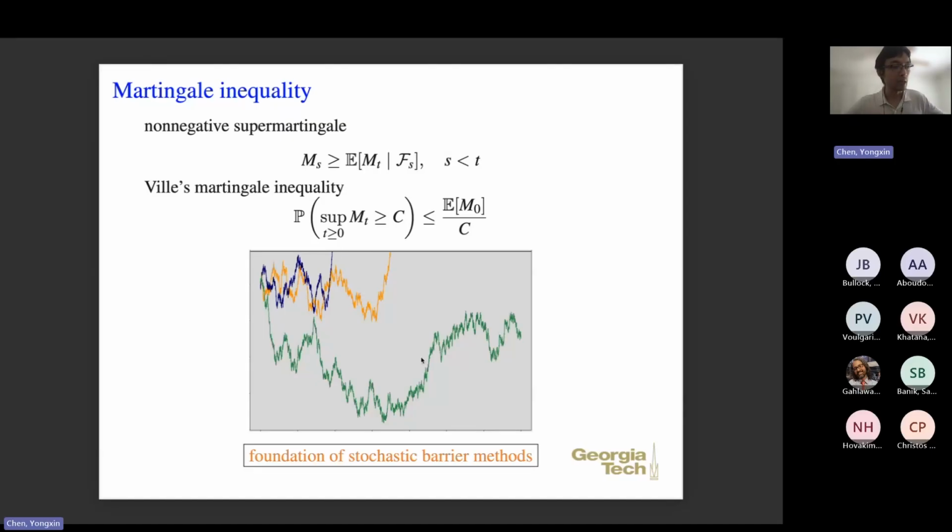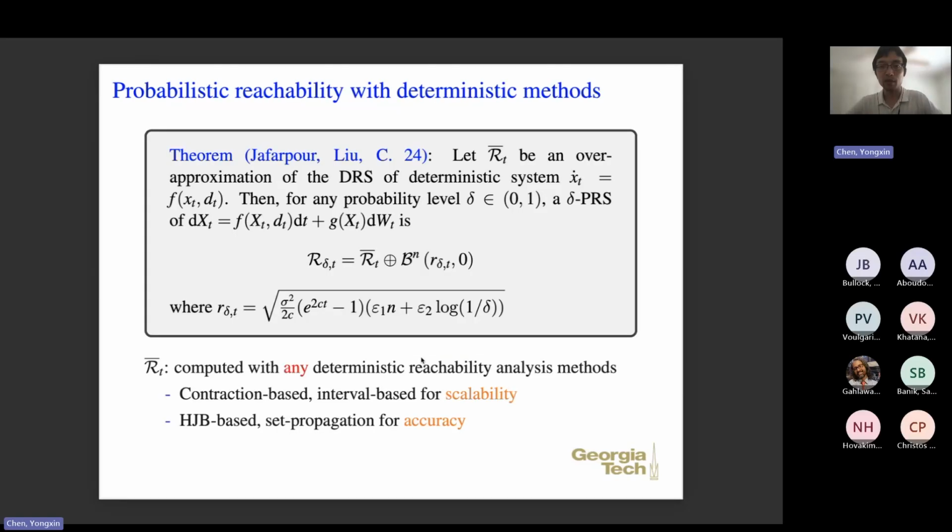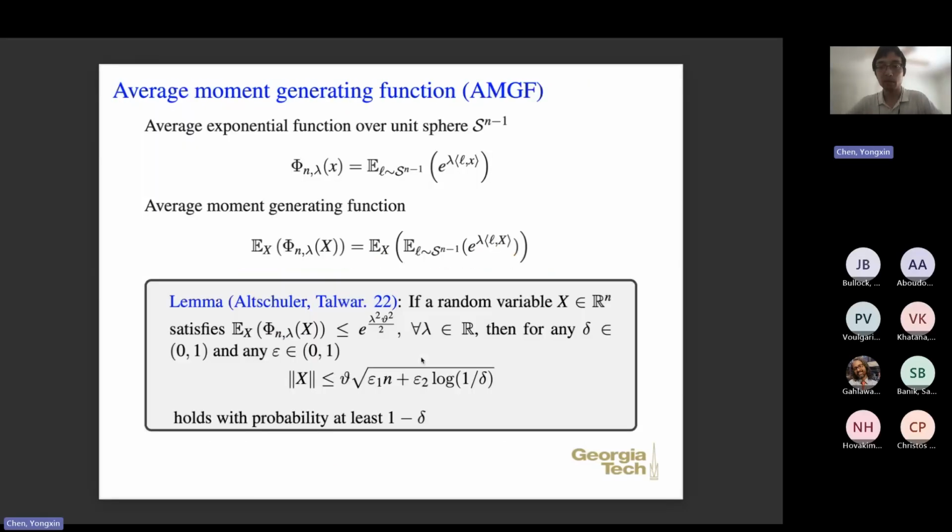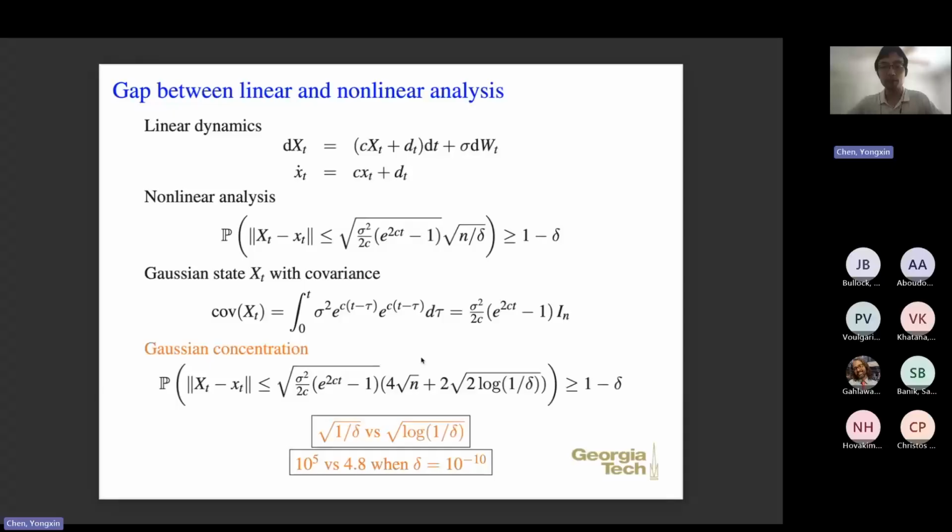This turns out to be a very challenging problem. First of all, it's computationally extremely heavy, so you don't have a good way to compute this. And also the way they define this barrier function gives you very conservative results.